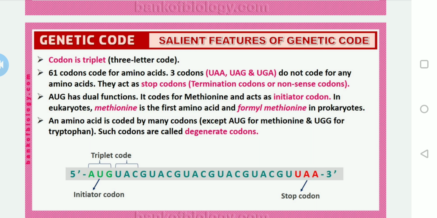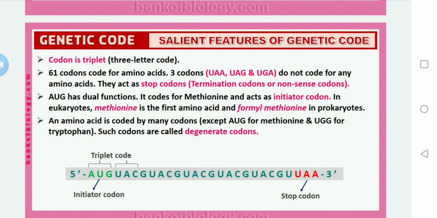They are also known as terminator codons or nonsense codons. And because of this, a few amino acids are coded by more than 2 codons, a phenomenon called degeneracy.